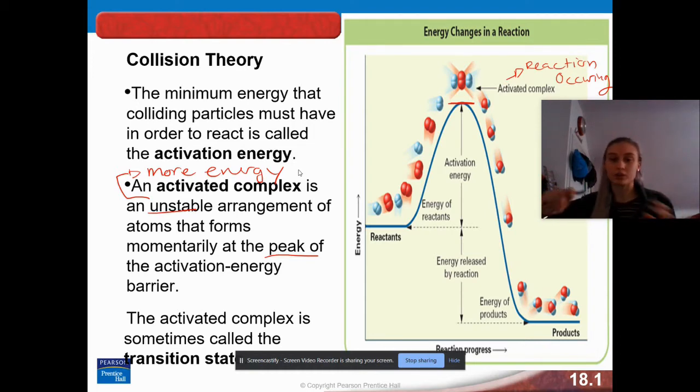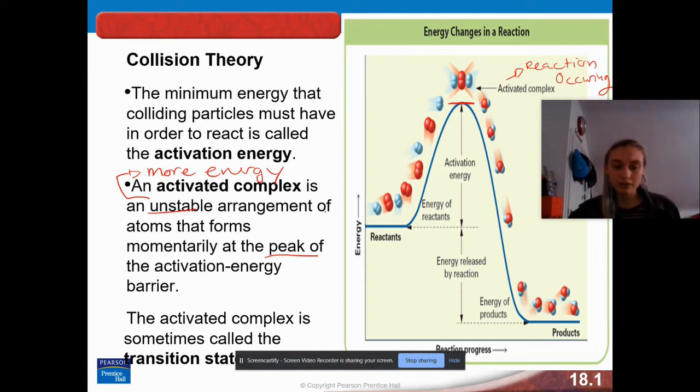But when you're unstable, you're like, oh my God, I gotta change, I can't be like this. You know what I mean? So unstable arrangements of atoms are highly, highly energetic. And that's when your reaction's occurring. And then that's why you have that dip afterwards, because you're in a more stable arrangement, and so you don't need all that energy that you did when you're unstable.